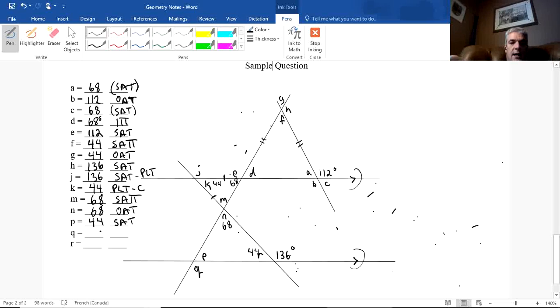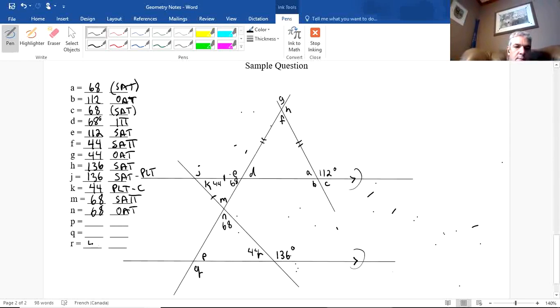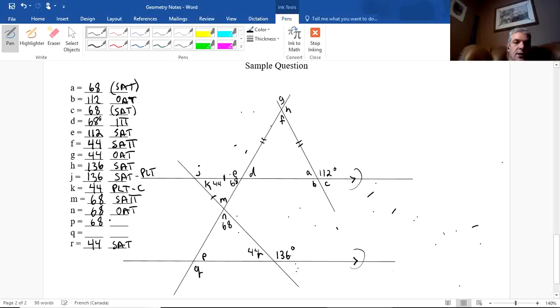Oh, I got the answer for R in the wrong place. That's my bad here, folks. Erase this. The answer for R should have been down here by R. SAT. And P will work out to 68 degrees. And it is the sum of a triangle, SATT.